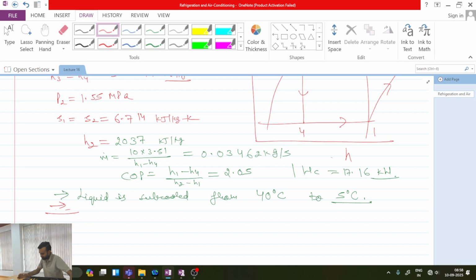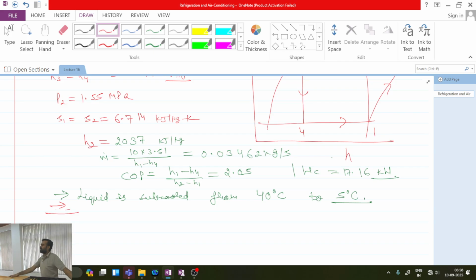Instead of the flash chamber, we are now using a liquid subcooler. Got my point? The liquid is being subcooled from 40 degrees Celsius to 5 degrees Celsius.